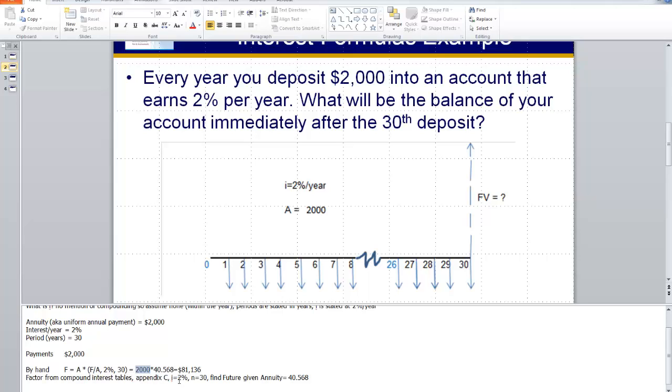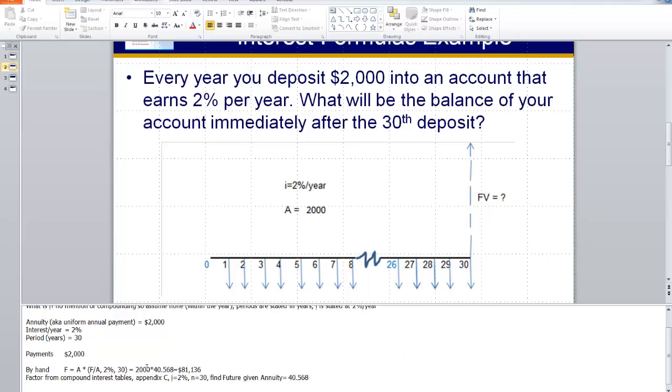But if you take this i of 2% and this N of 30 and plug it into the formula for finding the future given the annuity, you'll get this value of 40.568. The tables just make it convenient that we don't have to go through those calculations. We can just look it up in the table. So if you go to Appendix C, the page that is 2%, the row that has N equals 30, go over to the column that is find the future given the annuity, you'll find a value of 40.568.